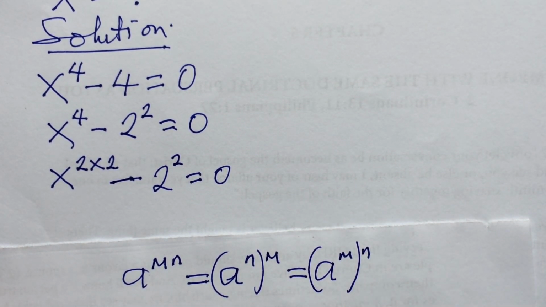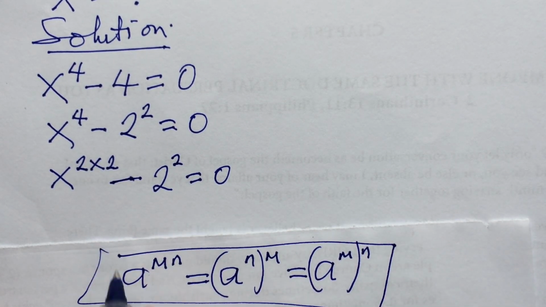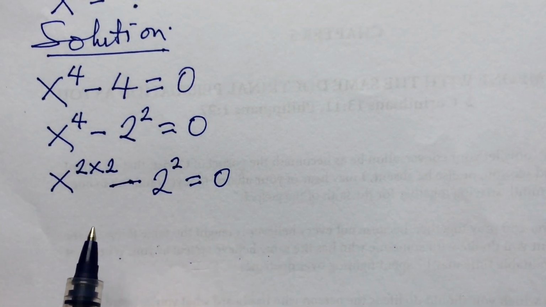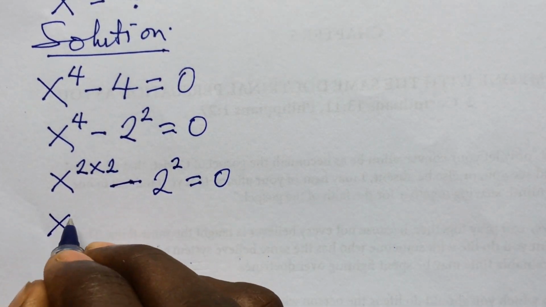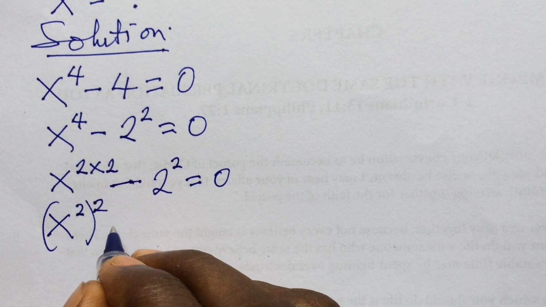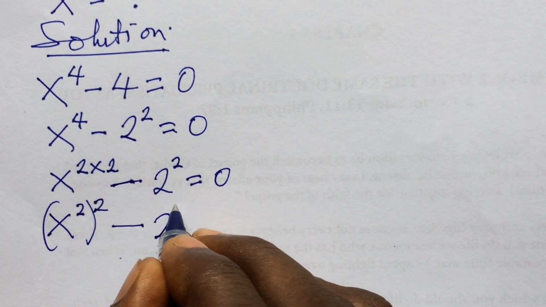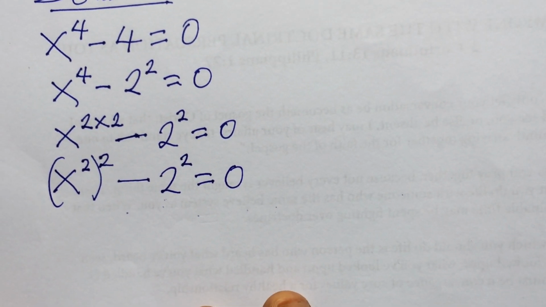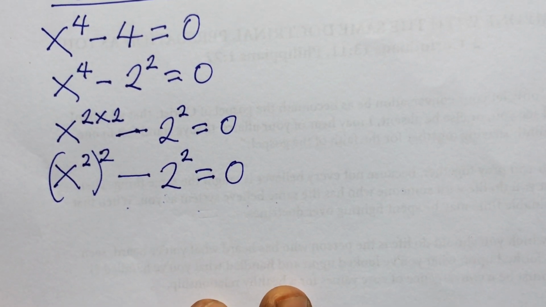It has changed the position of the exponent. So if we apply this, we can now have our expression as x to the power of 2 bracket 2 minus 2 to the power of 2 equal to 0. Very easy.